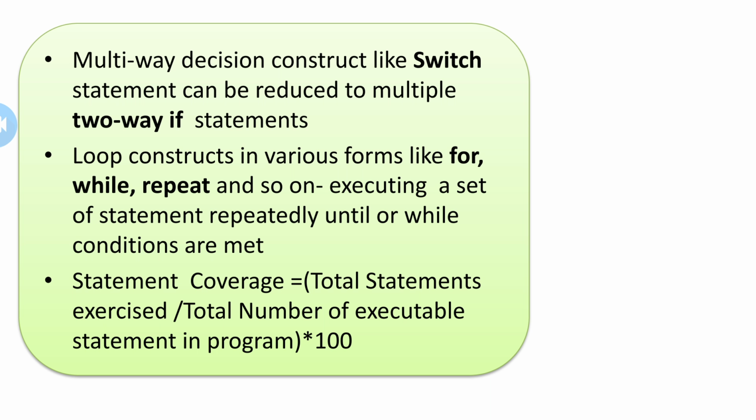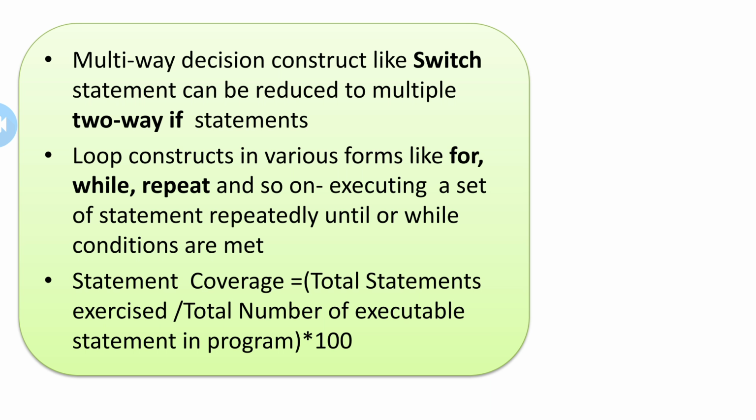A multi-way decision construct like a switch statement can be reduced to multiple two-way if statements. You have certain rules to understand. Last, we studied boundary. The boundary conditions are also tested. Some loops fail in the boundary condition.